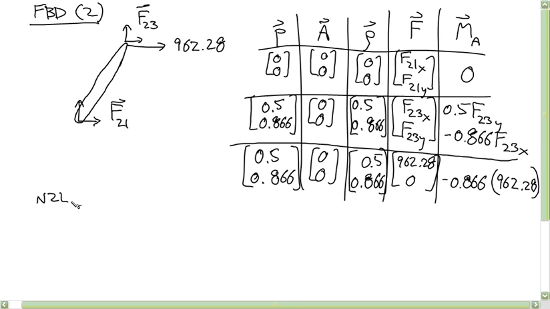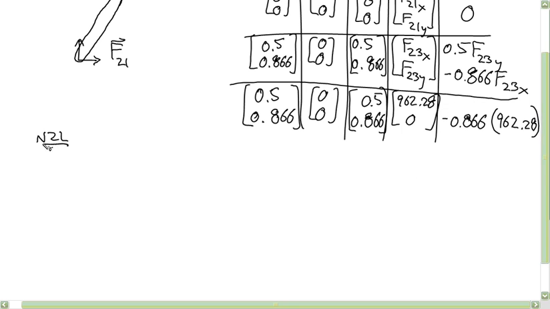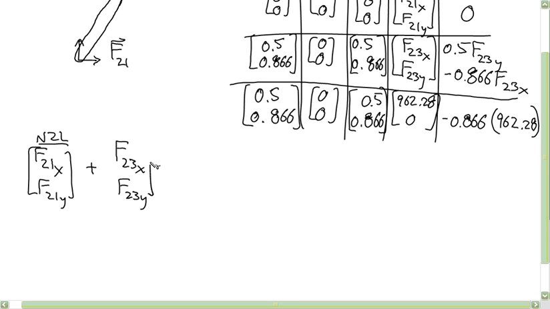So Newton's second law says 21x, 21y plus 23x, 23y plus 962, 0 is equal to zeros.